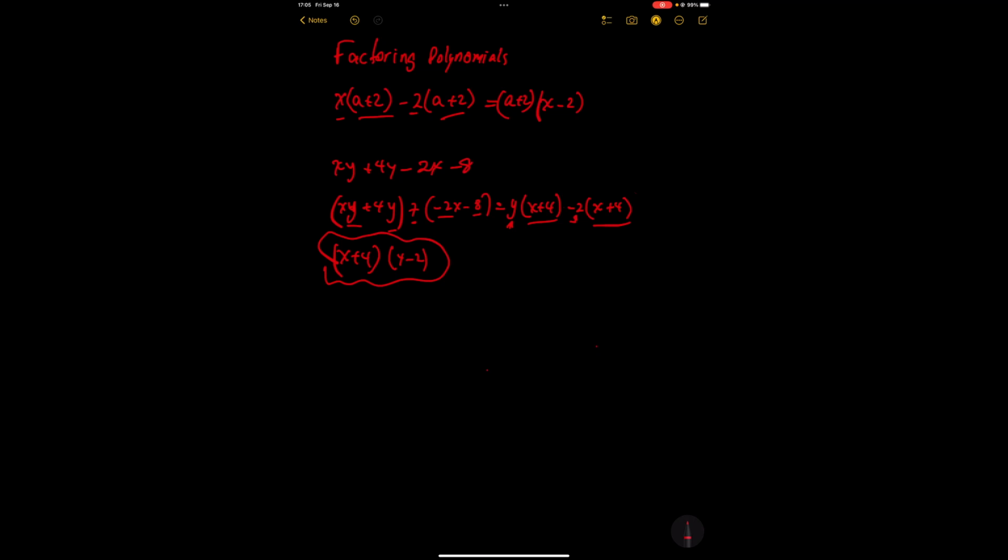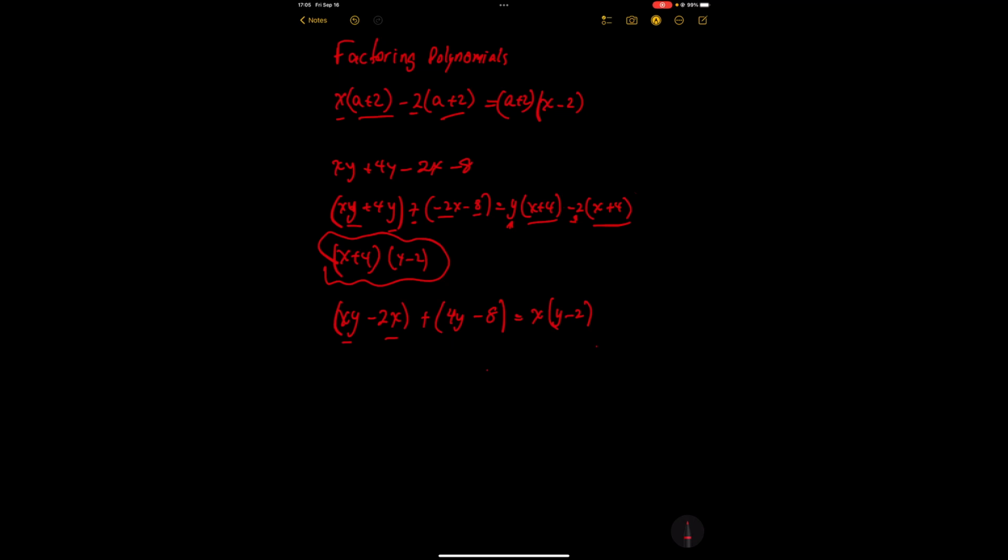Or we could do it the other way. We could group xy - 2x together, plus 4y - 8 together. Would it give us the same answer? Let's see. What do we have in common here? We have x in common, and that will be y - 2, right?